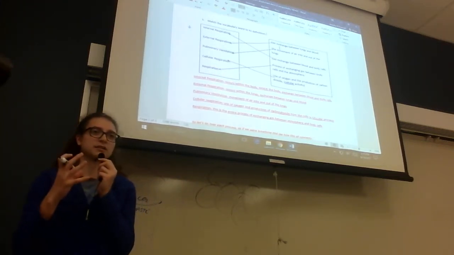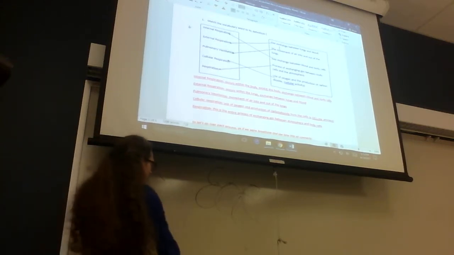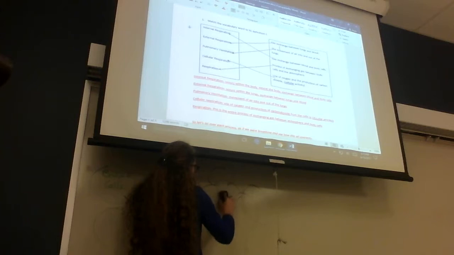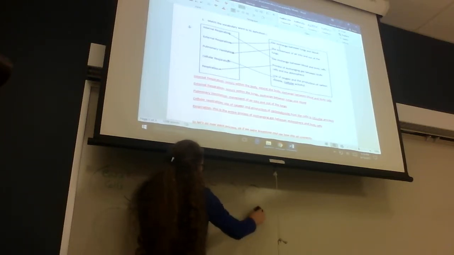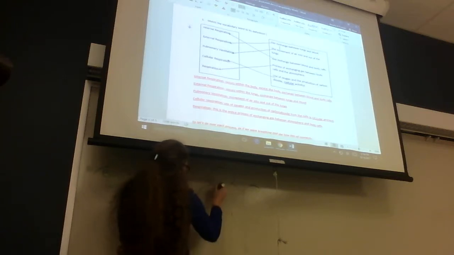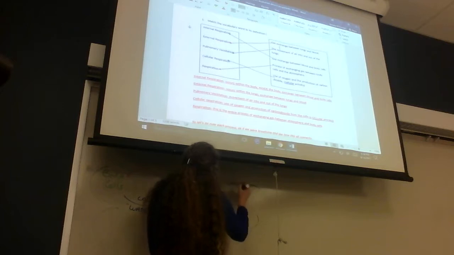Alveoli are kind of like the fruit of the tree. They are the fruit of your lungs. And the alveoli are really important because that is where we are able to get oxygen in the first place. So this is our alveoli, and it's kind of like the fruit.